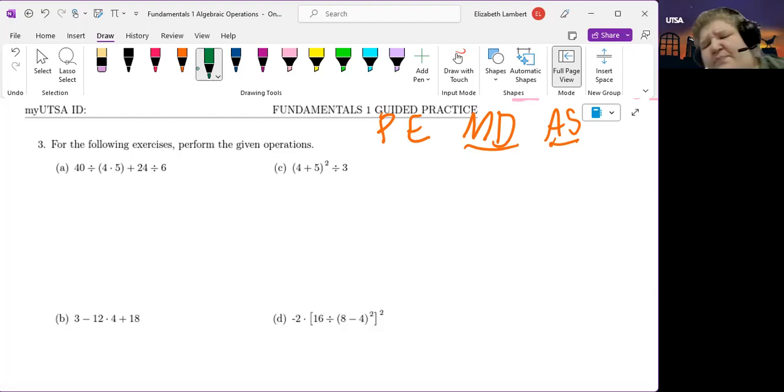Now, to work through an order of operations exercise, I find the best thing to do is one change at a time. Figure out what you need to do first, do that first. Then figure out from what's left, what's the next thing you can do. One change at a time. This means you're going to write a lot, but it also means if you make a mistake, you can find it a lot easier.